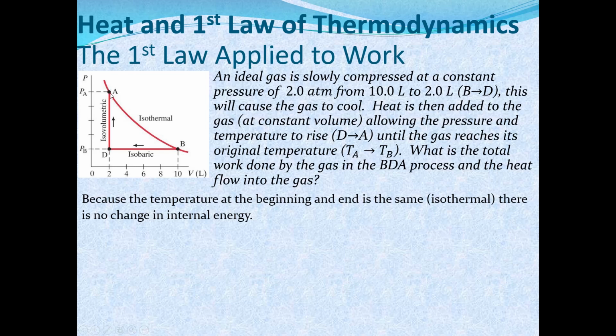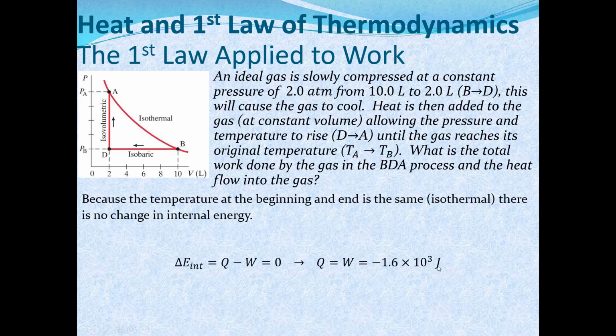So regardless of whether we're going from A to B or B to D to A, by the end of this entire process, as I go from B to A, the internal energy is going to stay the same, meaning that the heat added to the system and the work done by the system are going to be the same.